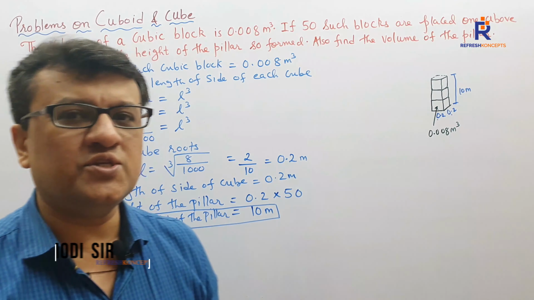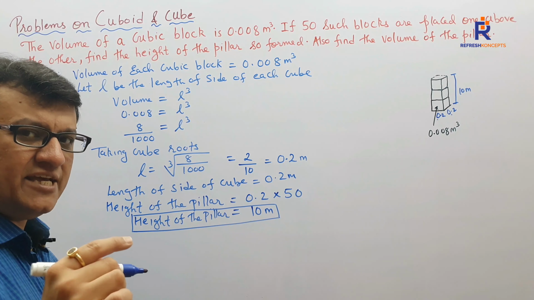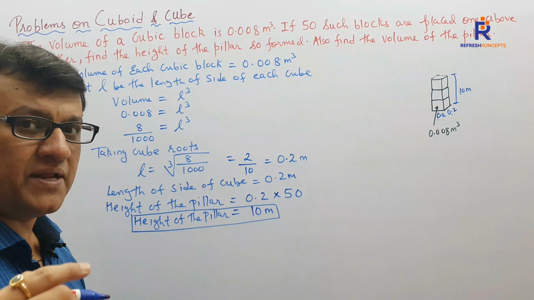The second set of students are telling me, sir, we have a much simpler way. What is that simpler way? Volume of the entire pillar formed is nothing but 50 into volume of each.